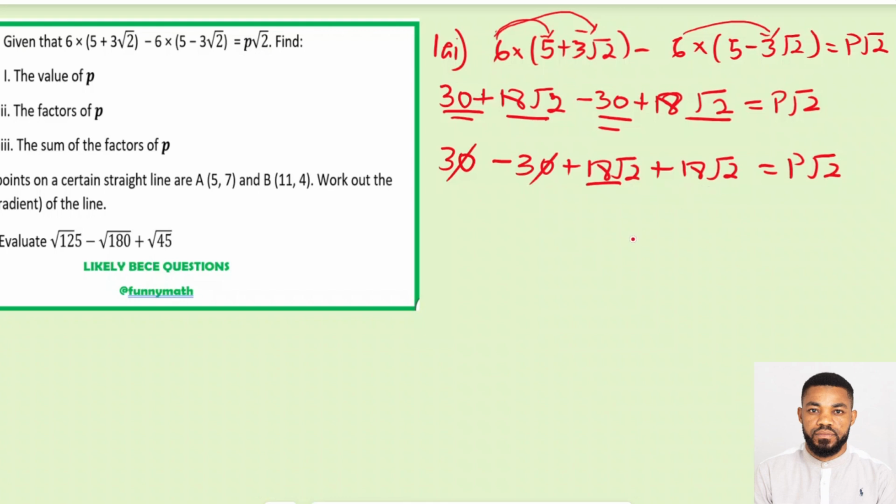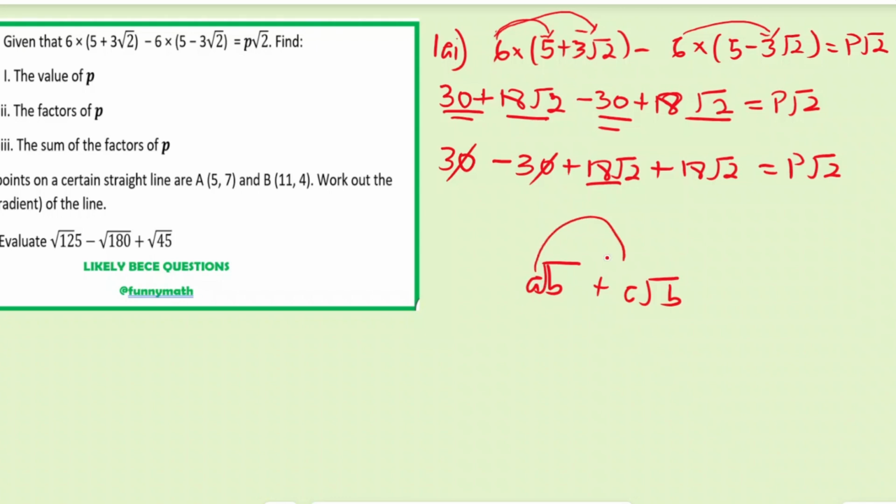And according to the law for addition of surds, let me show you something here. Assuming we have, let's say, a root b plus c root b, how do we add these two? We just add the coefficients, then we take one of the radicands. So that's going to be a plus c, now root b.